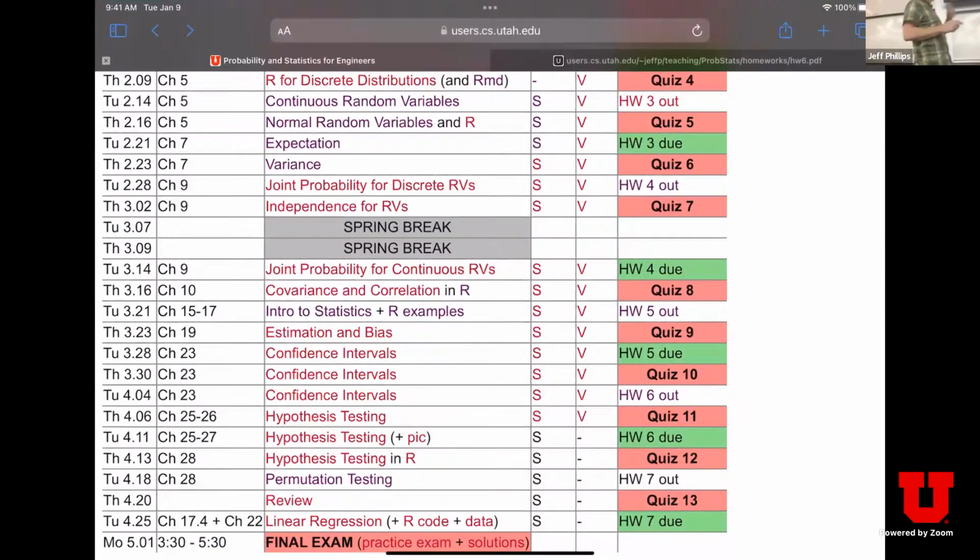The rest of the semester after hypothesis testing is a bit more flexible. I was thinking about talking about permutation testing on Tuesday next week, which is a part of statistics I like. I think it's a very general, useful tool.